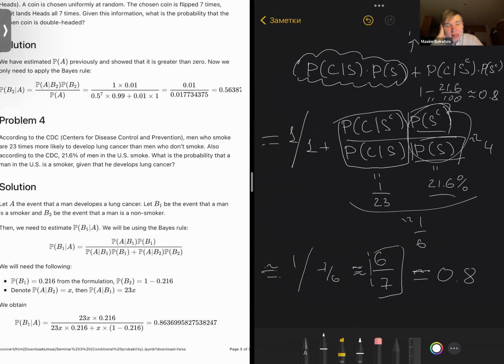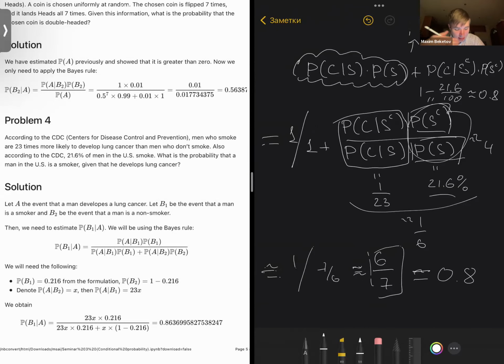So given this data, we see that the most likely explanation, at least the most likely, right? It is not necessarily a reason of lung cancer in each certain case, for each certain patient. Of course, conditional probability does not tell you the true relation, what is the cause and what is the effect.